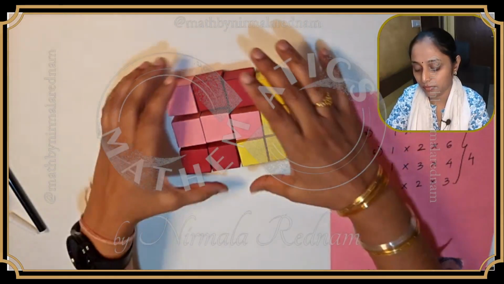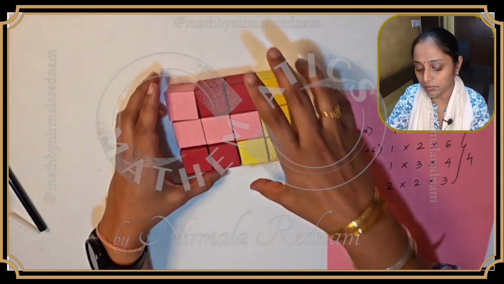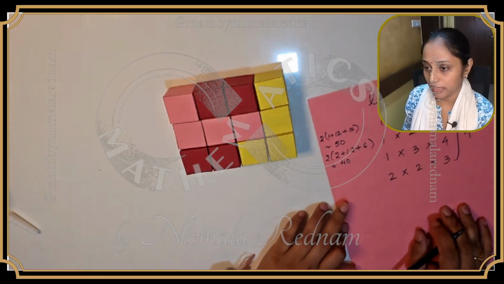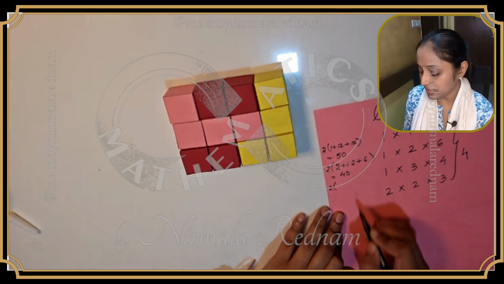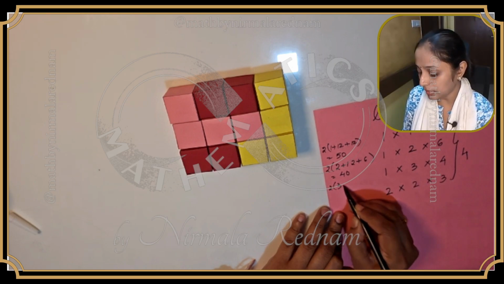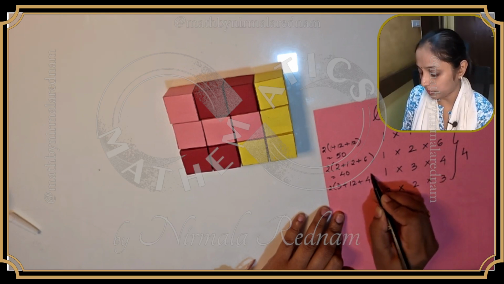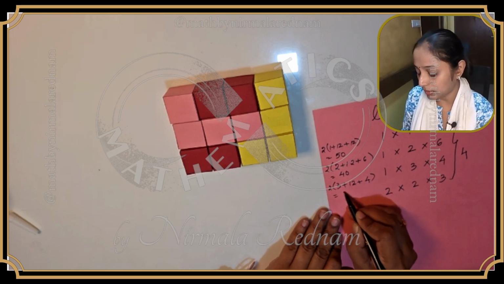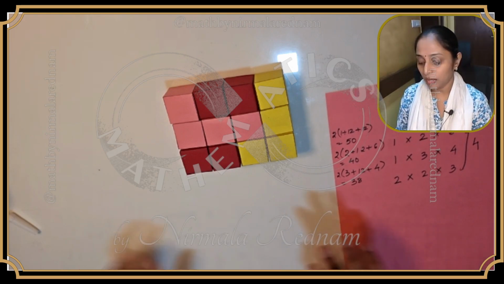So this is your third possibility, and for this cuboid, the surface area is going to be 1 into 3 is 3, 3 into 4 is 12, 4 into 1 is 4. So this is 16 plus 3, 19, 38 square units. So this is your third possibility.